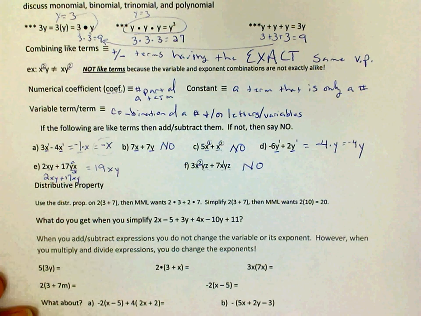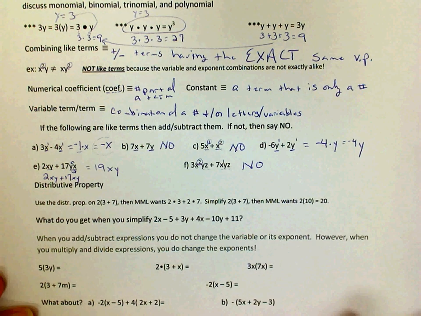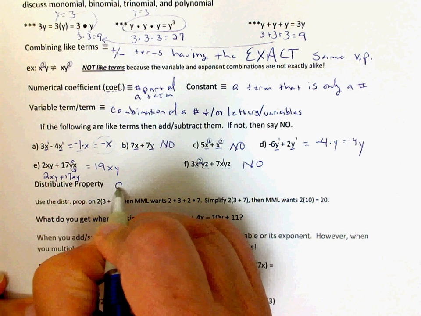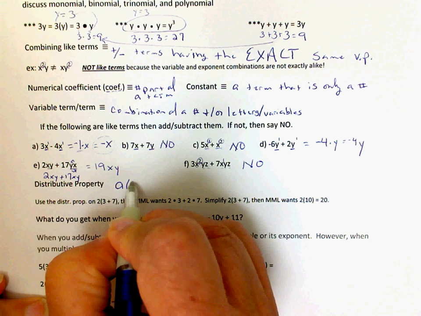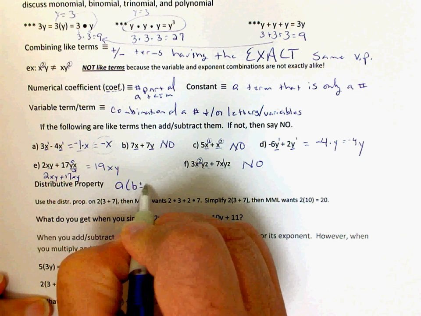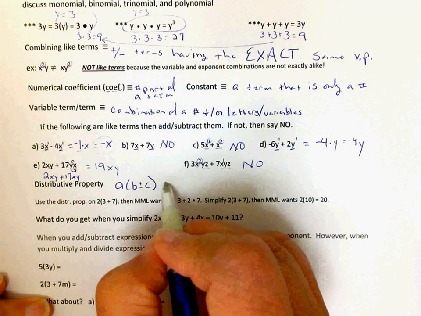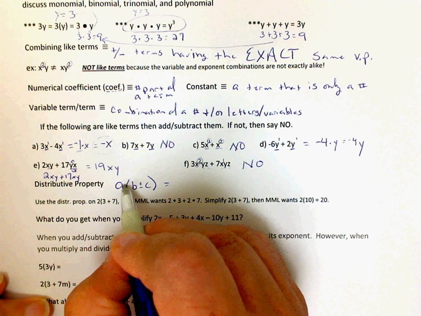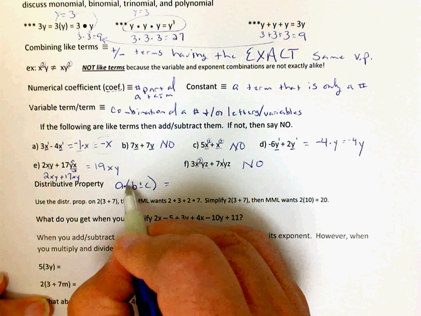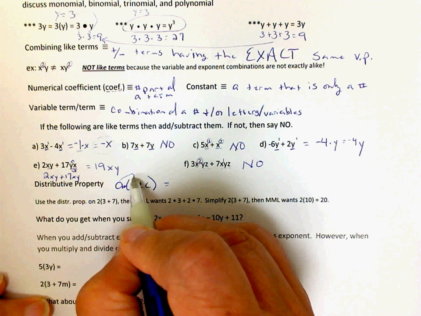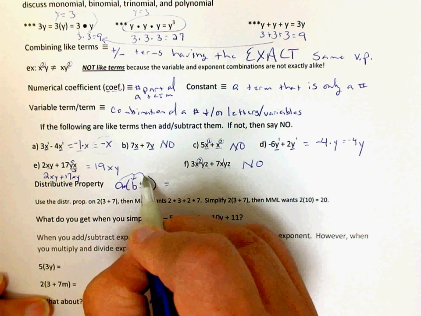Now, the distributive property. Again, I'm going to use variables, and we've already gone over this once or twice before. Remember, when A is hugged up to a parenthesis, it means times, and there's more than one thing on the inside, so I have to distribute it.